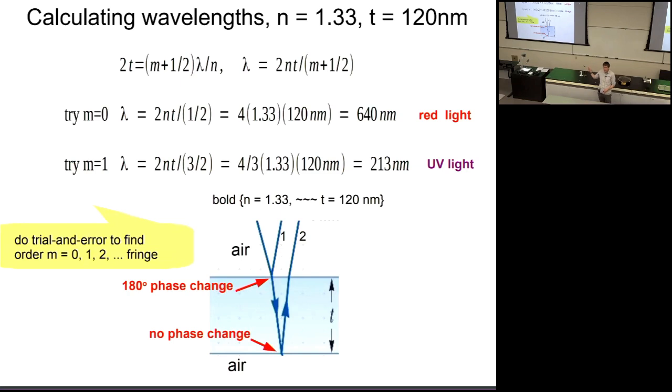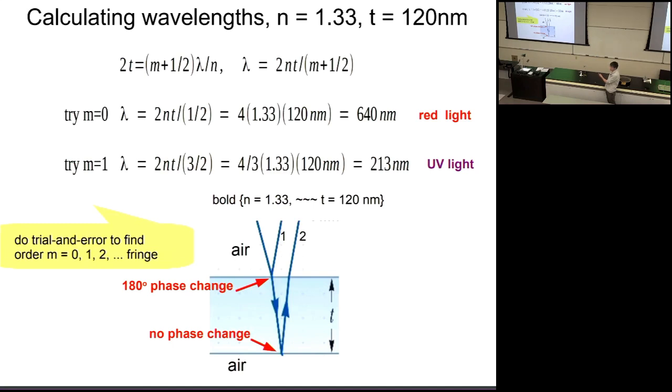I was wondering if maybe another color of visible light would be strongly reflected in the soap bubble. So I went on to try m equals 1. I plugged in m equals 1. So in the denominator here, we've now got 1 plus 1 half, which is 3 halves. And then I've just got to, again, take 2 times the refractive index times the thickness of the soap bubble and divide it by this number now, 3 halves.